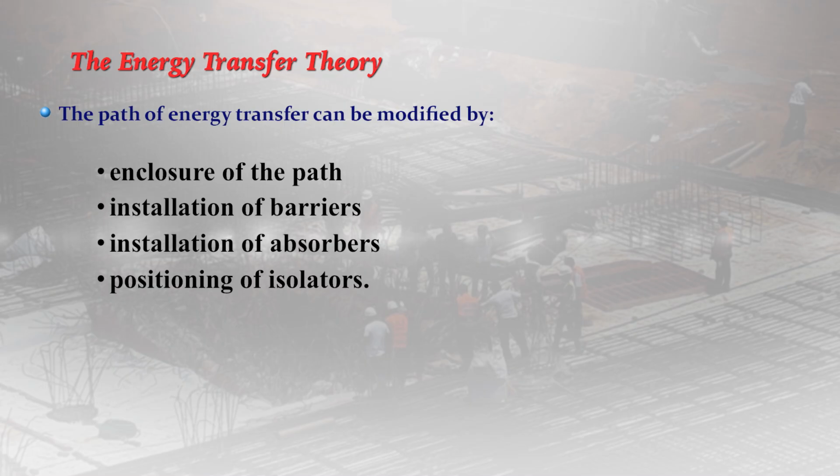Then installation of absorbers, means the things or devices which will absorb the energy, so instead of causing an accident that energy will be absorbed before that incident. Then positioning of isolators, the devices which can isolate that energy.